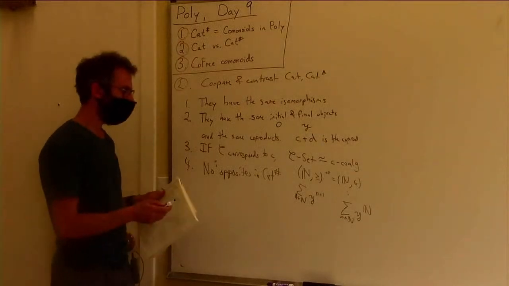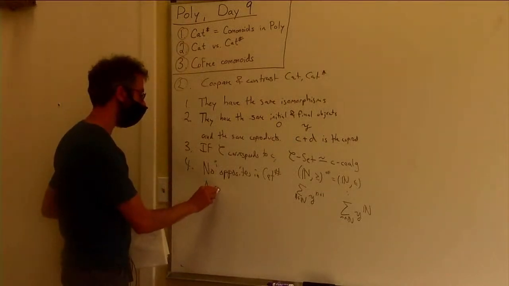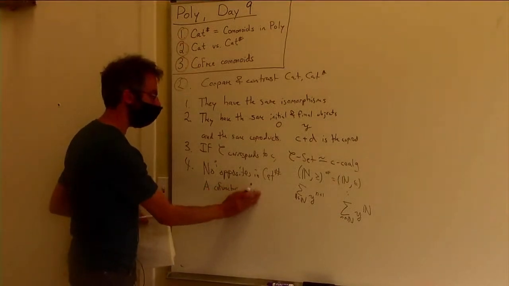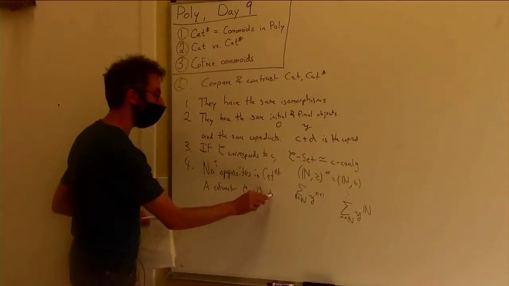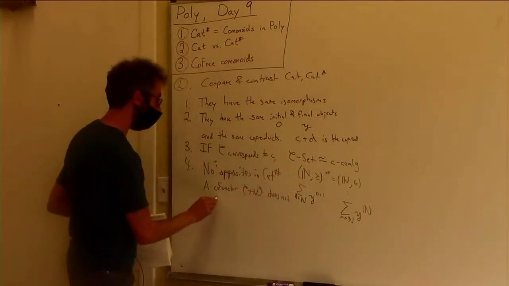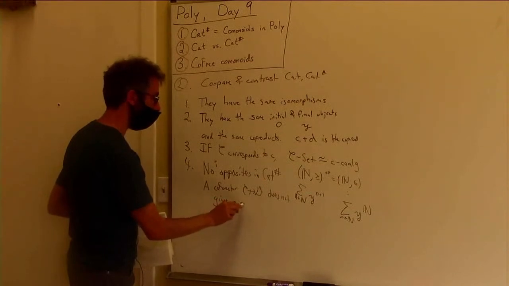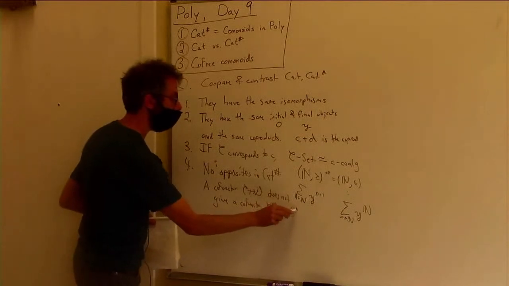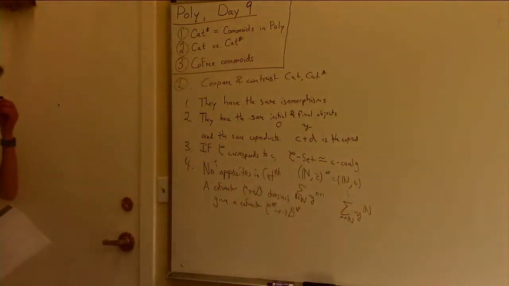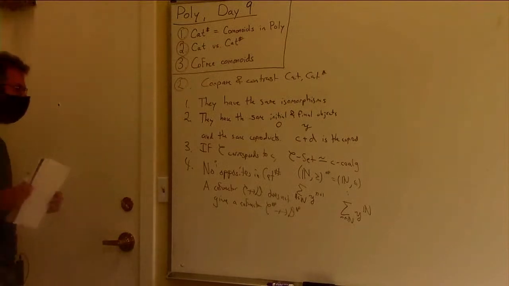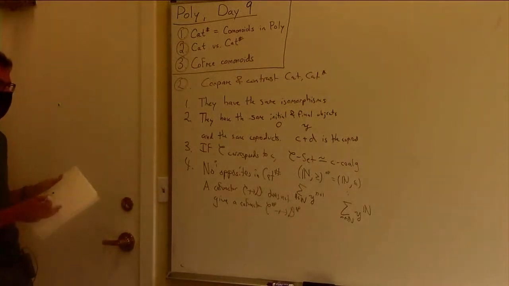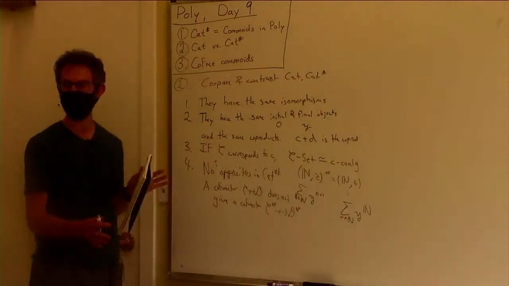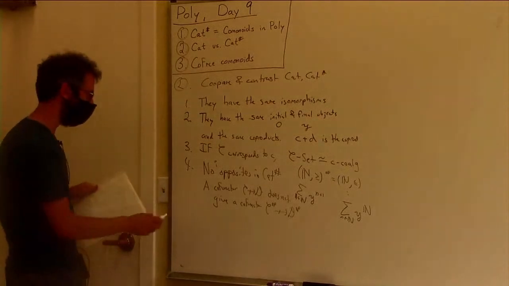And moreover, if you have a cofunctor C to D, there may not even be a cofunctor C op to D op. So if you can figure out what opposites are in Poly or in cat sharp, please let me know. I think that'd be really cool to see. But cat sharp just has no idea what you're talking about when you say opposite, which is kind of strange.